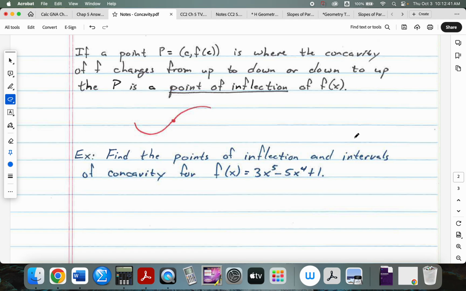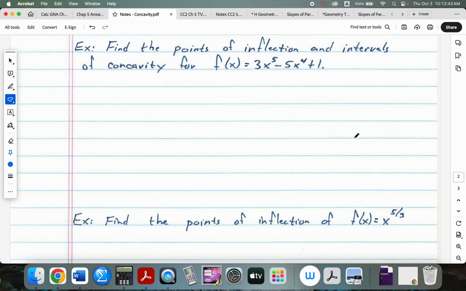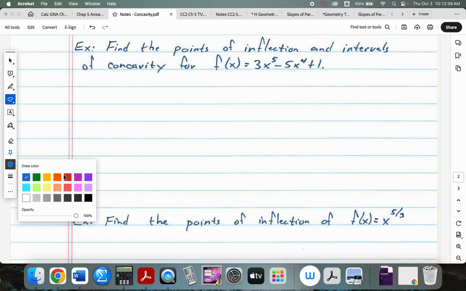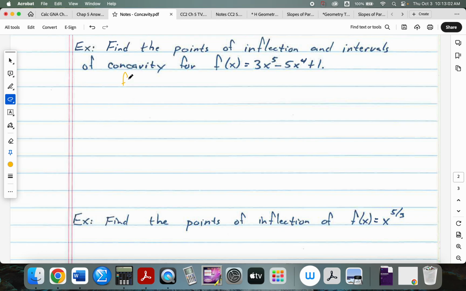So let's do some examples. Find the points of inflection and intervals of concavity for f of x equals 3x to the 5th minus 5x to the 4th plus 1. Let's do orange. It's October.